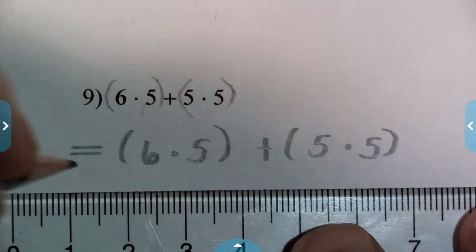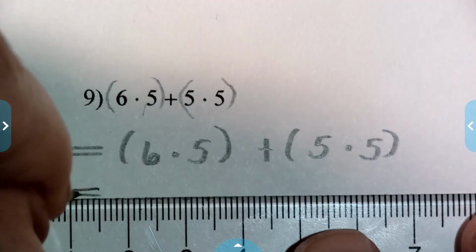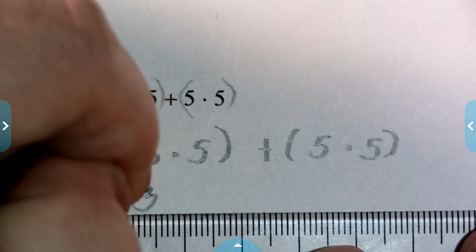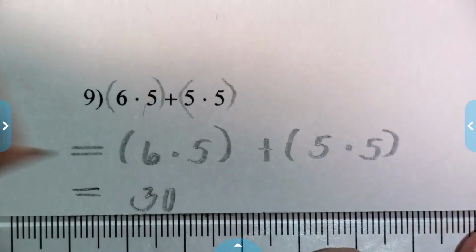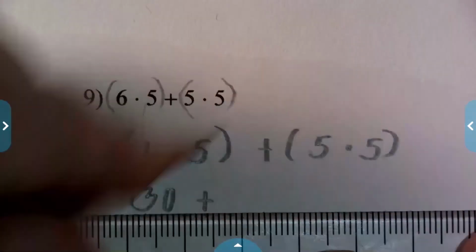Fair enough. Well, 6 times 5 is 30. And normally I'd write out plus 5 times 5, but we could just write plus, and then 5 times 5 is 25. So we can put 25 here.